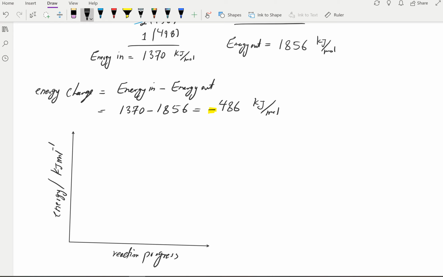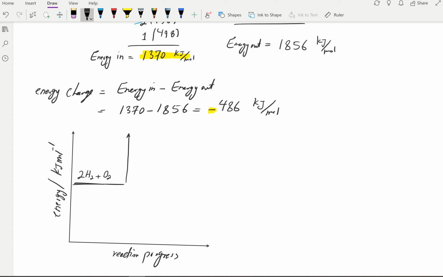The reaction is exothermic, so the energy level of the reactants is higher than the energy level of the products. So let me draw the energy level of the reactant here. The reactant was 2 H2 and 1 oxygen molecule. As we have calculated here, we need 1370 kilojoule of energy for breaking these bonds between the hydrogen and oxygen.